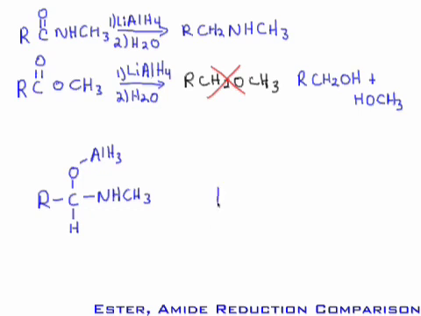In the case of the ester, I form the same intermediate. H- adds to the carbonyl. Pi electrons move out, making an O-. The O- interacts with AlH3.